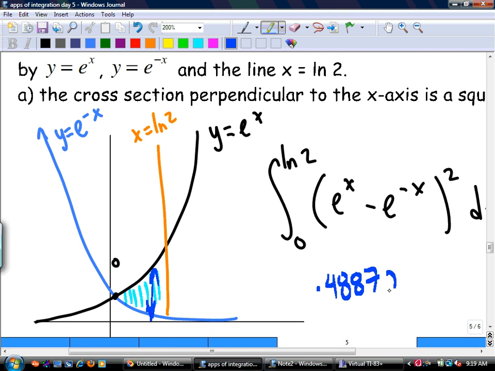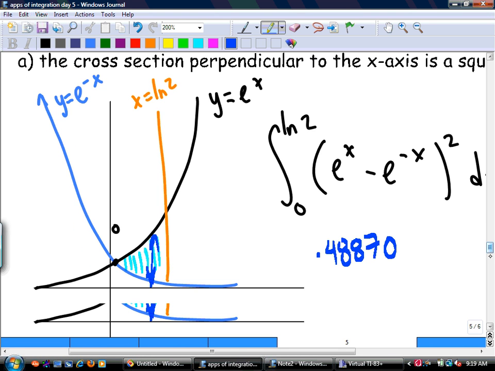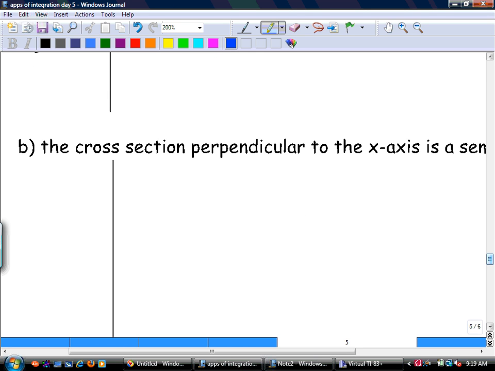0.48870. Okay, good. Start to recognize how much, if you know the square answer, you know all the other ones.